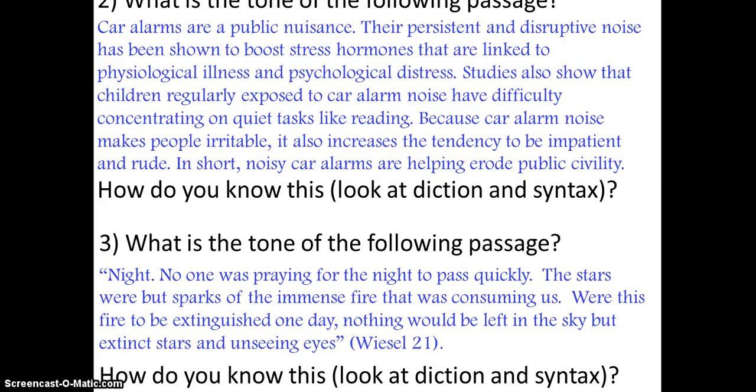Okay, so once again, go ahead and hit pause and try question number 2. What is the tone of the following passage? How do you know this? Look at the diction and syntax. Make sure you answer both questions. And then go on to number 3. Once you are finished, then hit unpause, hit play, and we will be at the end.